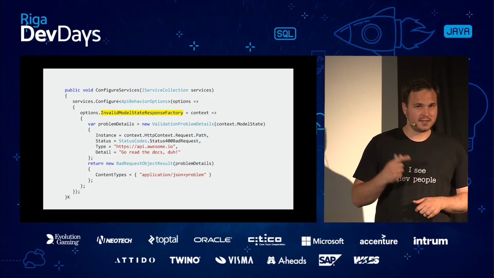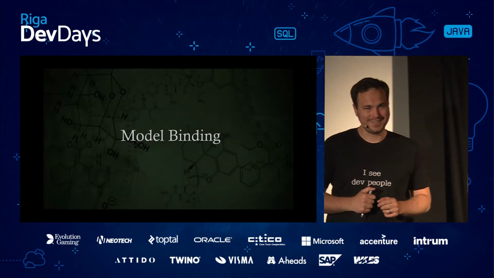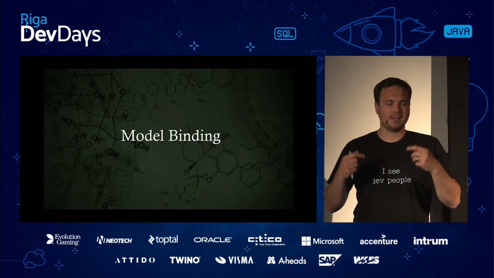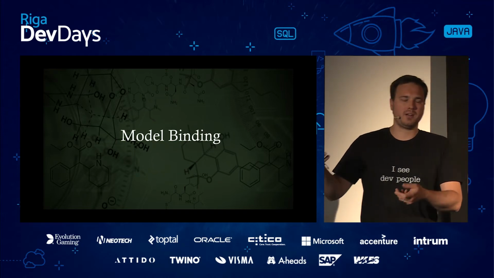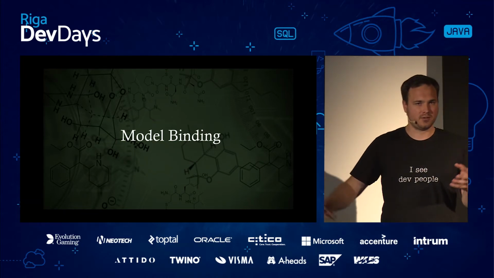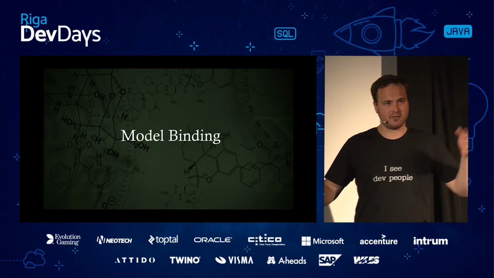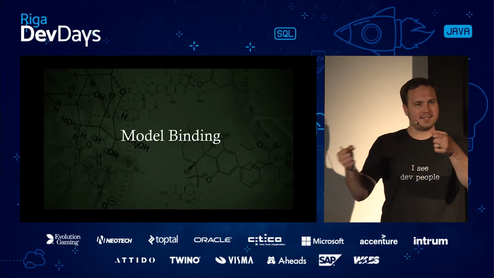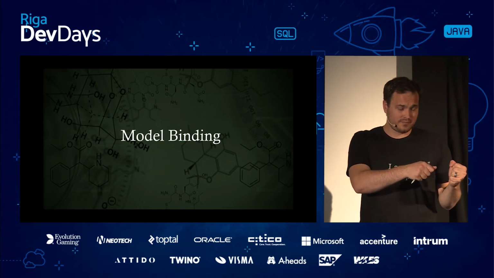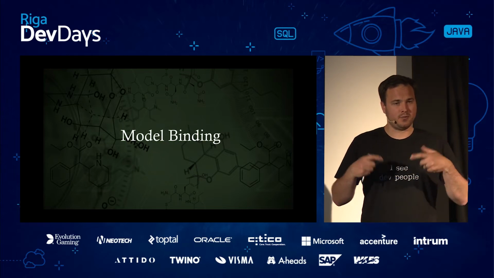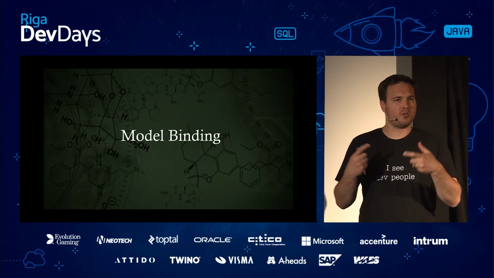Model binding is a different subject as well. Model binding takes care of the things where we get thrown a request with all these query strings and bodies and headers and all that kind of jazz, but we need to get it to a strongly typed object. Built into MVC, it comes with model binders automatically.